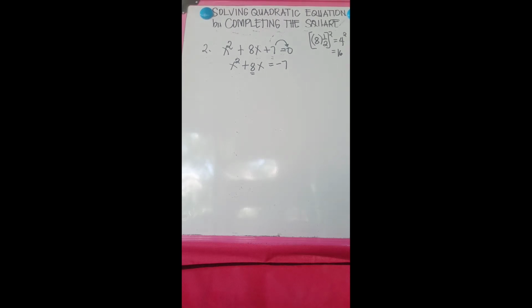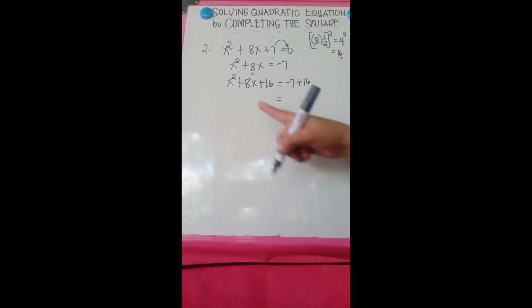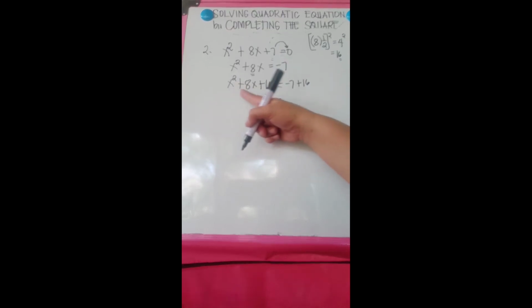So, ngayon, we are going to add 16 on both sides of the equation so that the left side of the equation will become a perfect square trinomial. So, we have now x squared plus 8x plus 16 equal to negative 7 plus 16. So, perfect square trinomial na to.